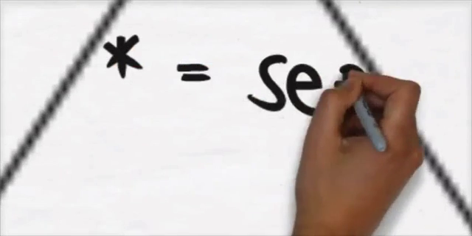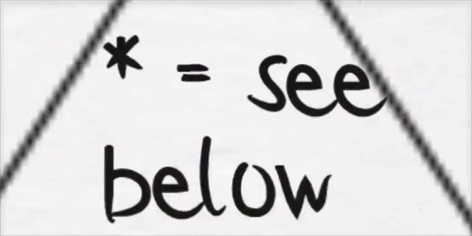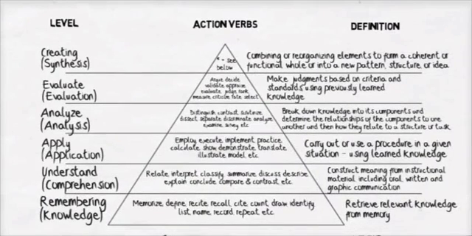Now, I don't have enough room here, so I'm asking you to kind of take a look below, but I've sketched out a couple of things here below that you might use for action verbs, including generate, produce, develop, construct. They're actually building a new whole.